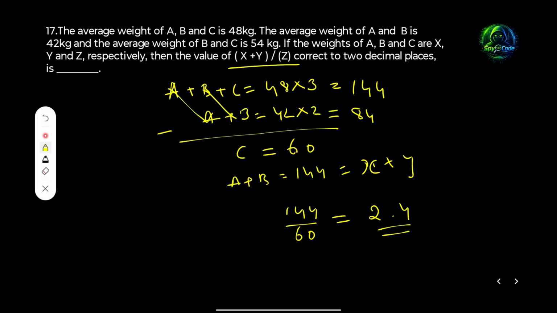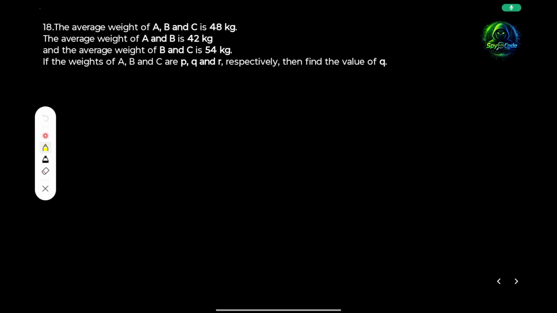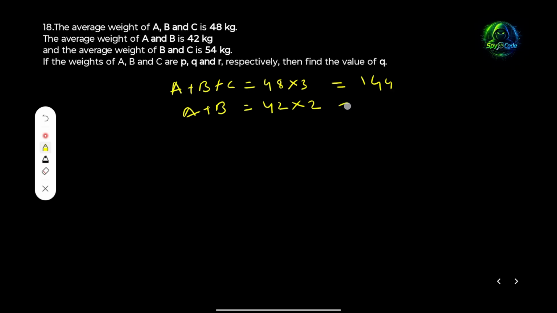Okay, the average weight of A, B and C is 48. So sum of A plus B plus C is 48 into 3, which is 144. Average weight of A and B, that is A plus B, is 42 into 2, which is 84.